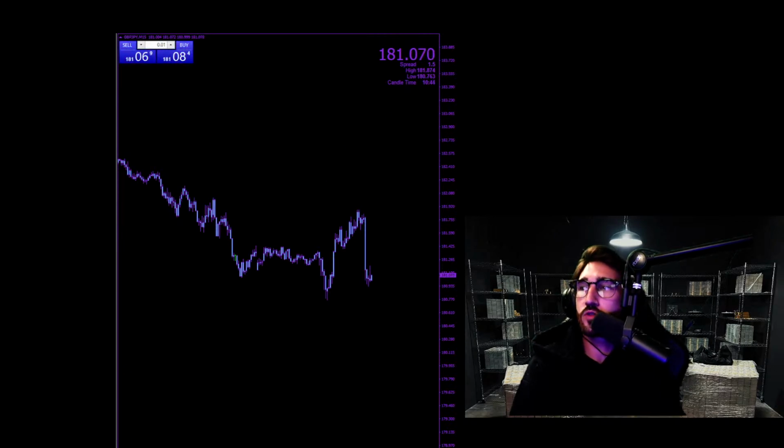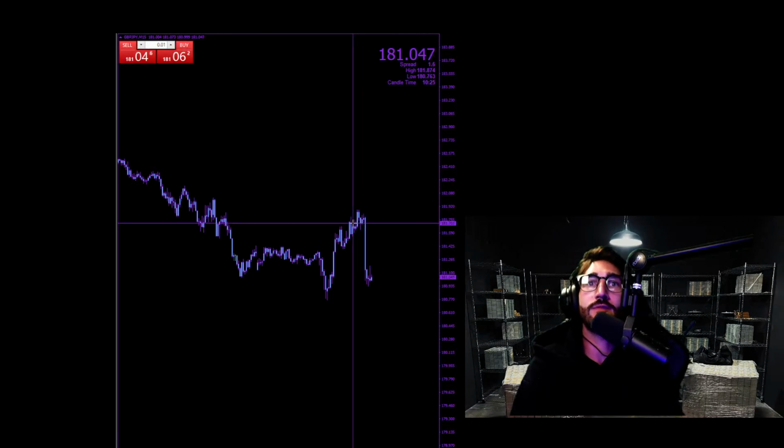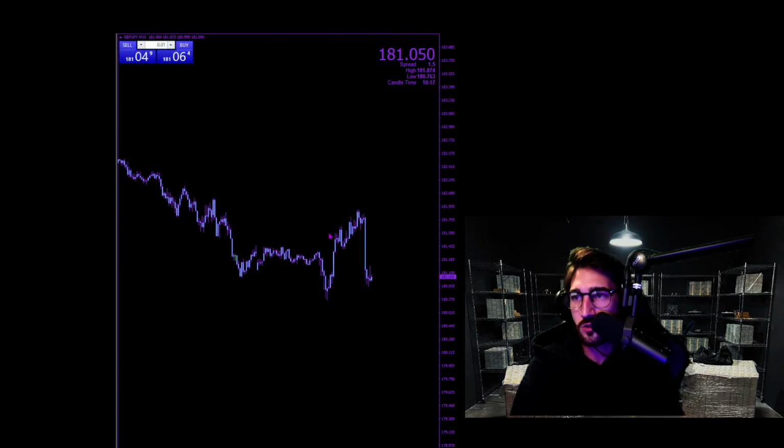However, the news for GBP came out at 4:30 a.m. So you can see that it kind of just held its position right here between 181.8 and 181.4, and by the time we had an open of New York session at 15, we were just reaching that high. And that's the same exact scenario that we're seeing on USD JPY.